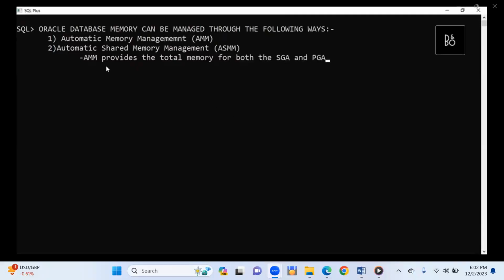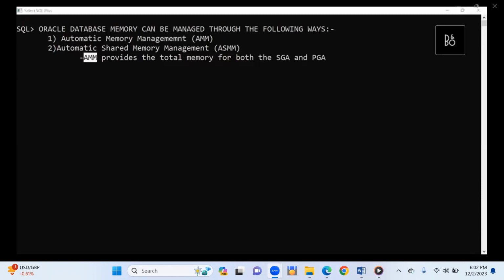If you combine the total memory size for SGA plus PGA, that gives you automatic memory management, which I'm talking about here as AMM.